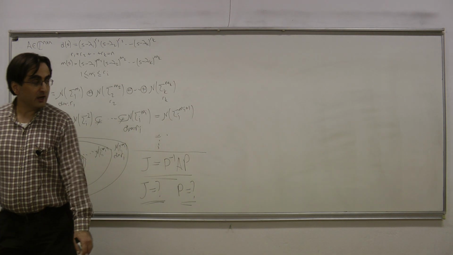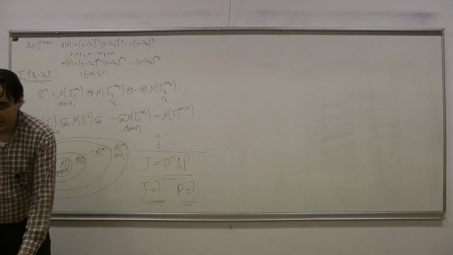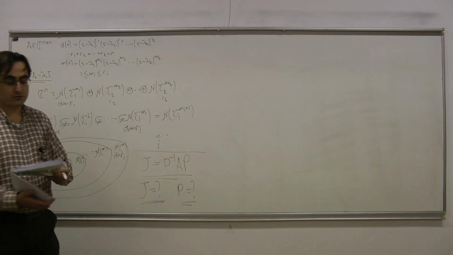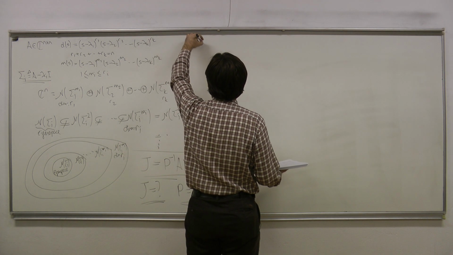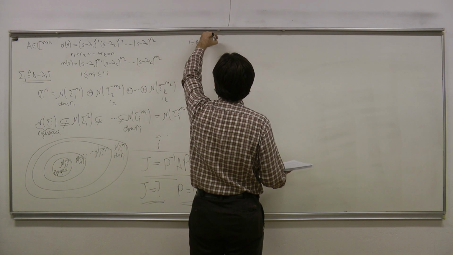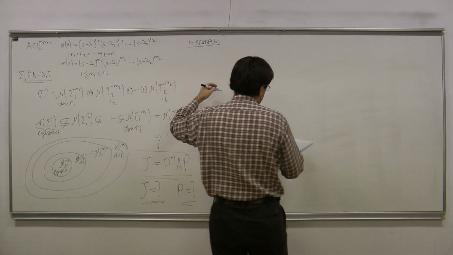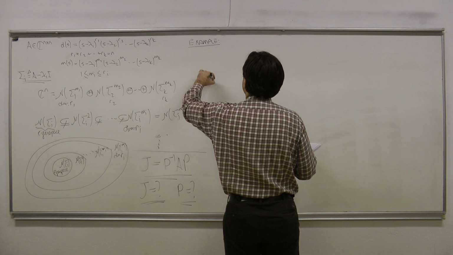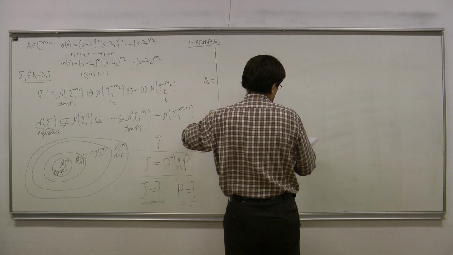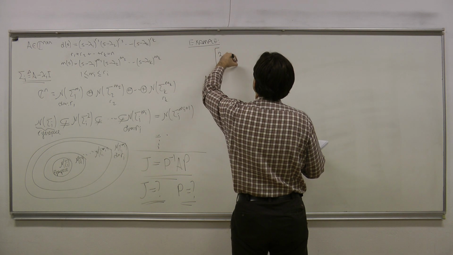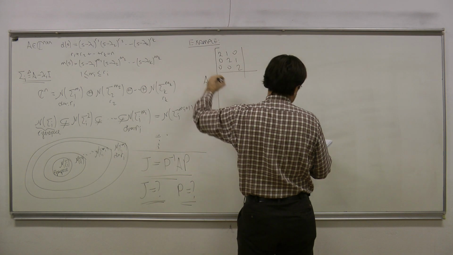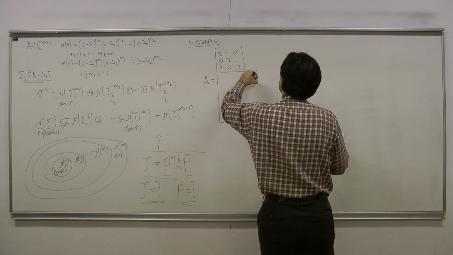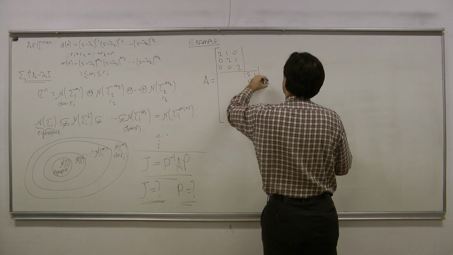Okay? In order to be able to understand this topic, we are first going to concentrate on a single matrix in Jordan canonical form. Okay? So this matrix is going to be a 10 by 10 matrix. So this A is going to be composed of this type of matrices, 2, 2, 1, 0.